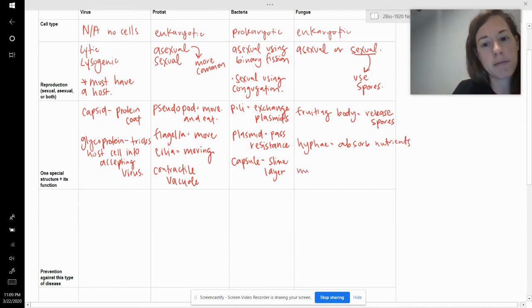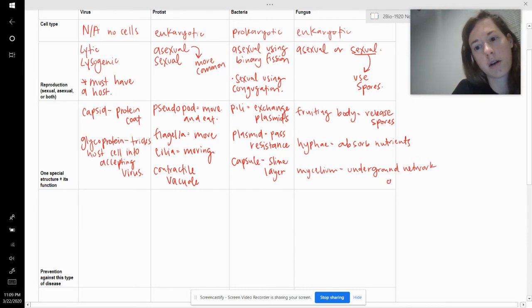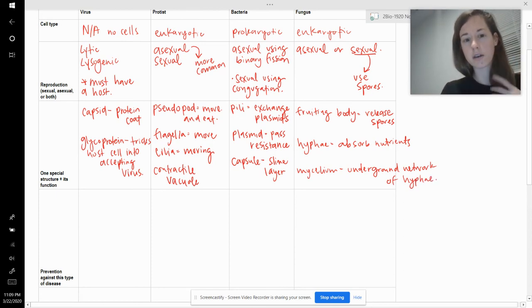And mycelium, which is an underground network of hyphae. Those are the main ones we talked about for a fungus.